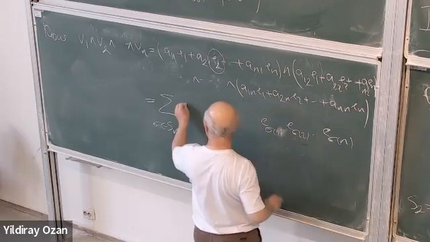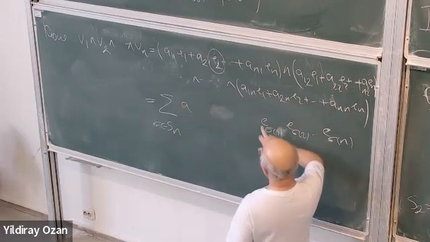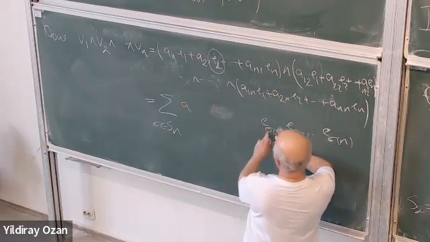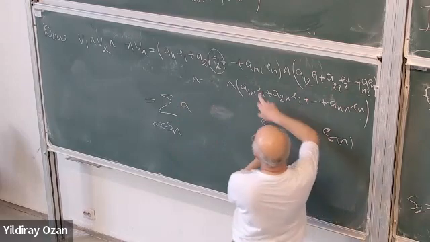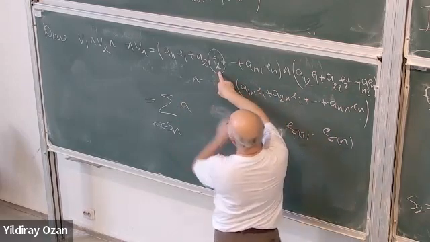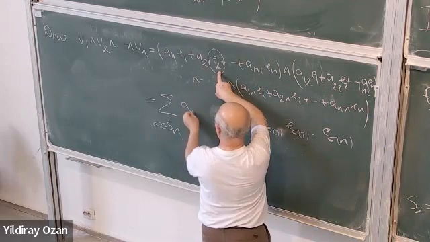What is the coefficient here? This is from the first element. If this is sigma 1, for example 2, then what is the element I chose?